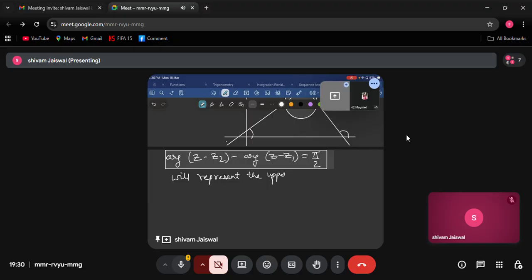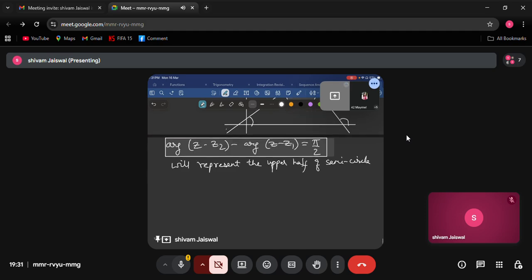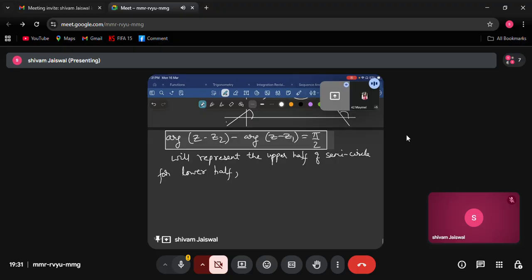This will represent the upper half of the semicircle. For the lower half, what do we need to do?